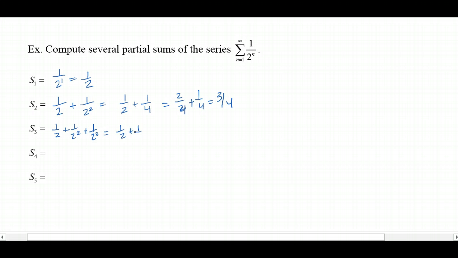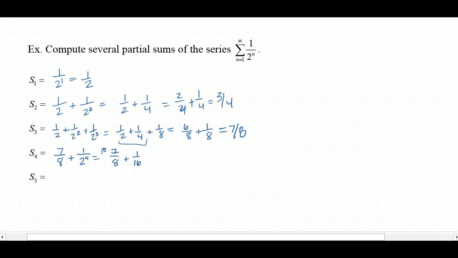That's 1/2 plus 1/4 plus 1/8. Well, 1/2 plus 1/4, we already did. That was 3/4. We're going to need common denominators with 1/8, so that's 6/8 plus 1/8, so that's 7/8. Now, S4 is going to end up being S3, so 7 over 8 plus 1 over 2 to the 4th, so 7 over 8 plus 1 over 16.